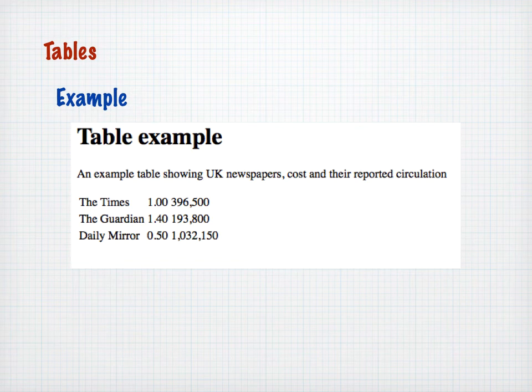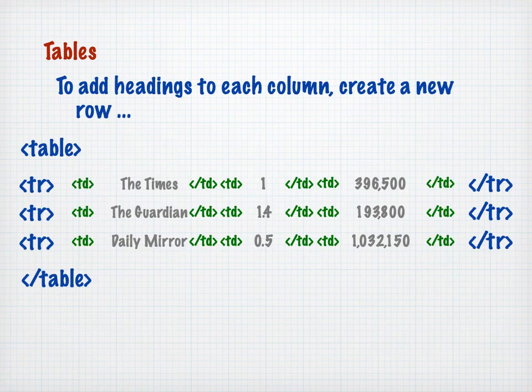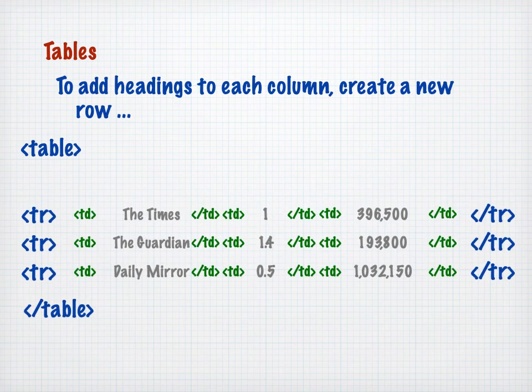Now you might want to add a heading at the top of the table. So let's see how we do that. Here's my original HTML table with my table rows and my table data tags. And what we do is, if I want to add a heading in, I just make a little bit of space at the top of the table, and I'm going to insert another table row.